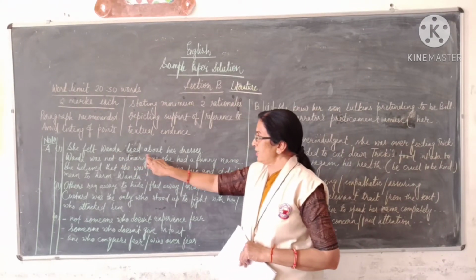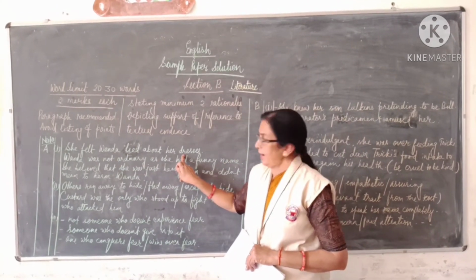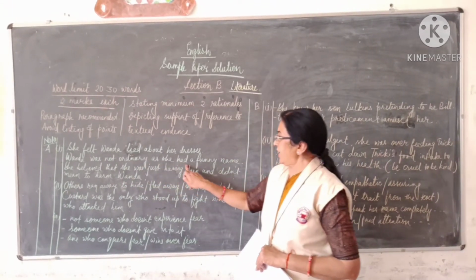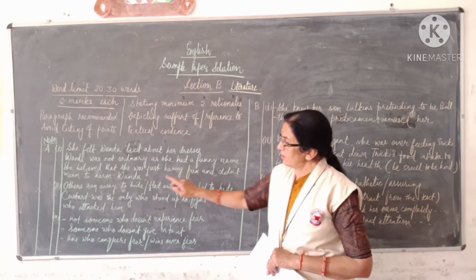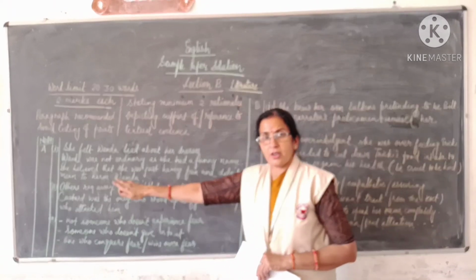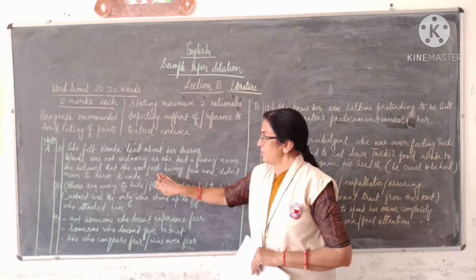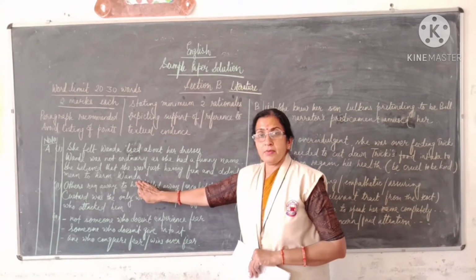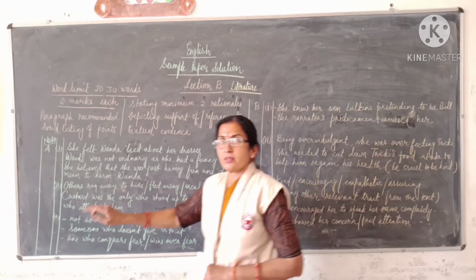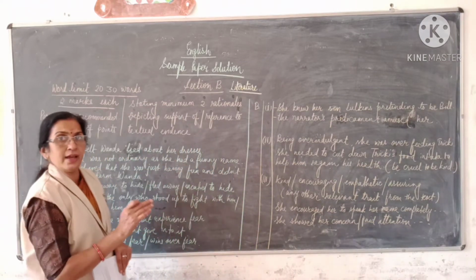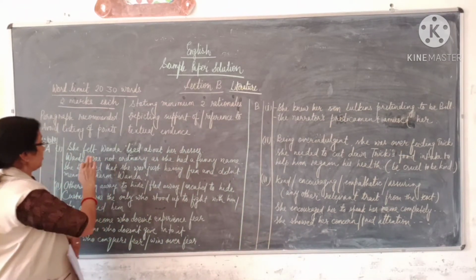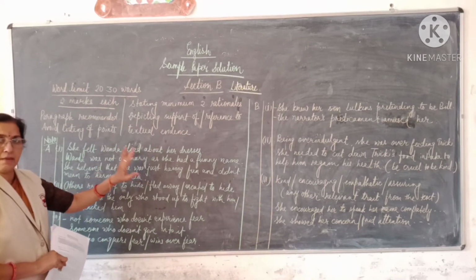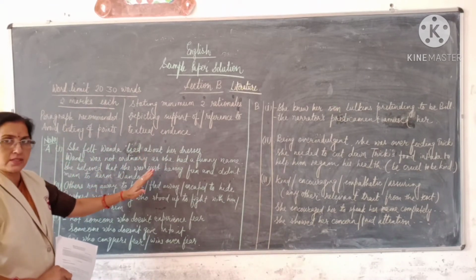She felt Wanda lied about her dresses, and second, Wanda was not ordinary as she had a funny name, and third, Peggy believed that she was just having fun and didn't mean to harm Wanda. These three rationales are given for this answer. You have to write it in a paragraph with the complete answer.